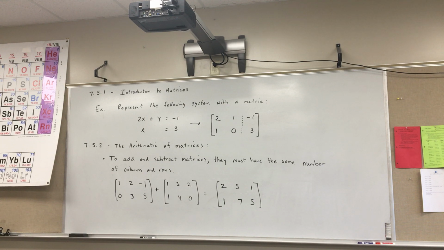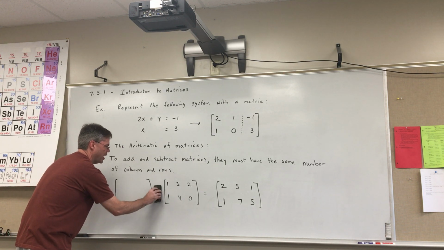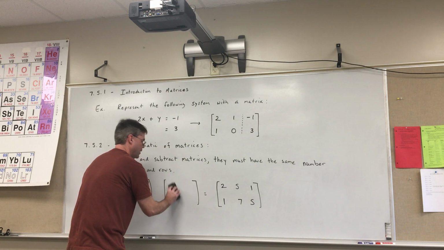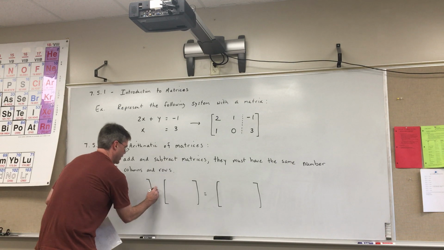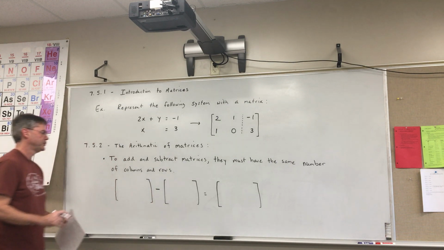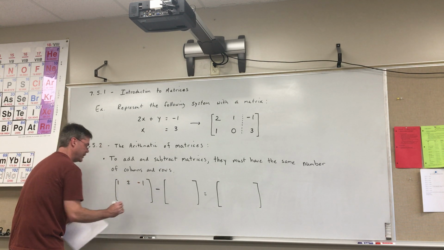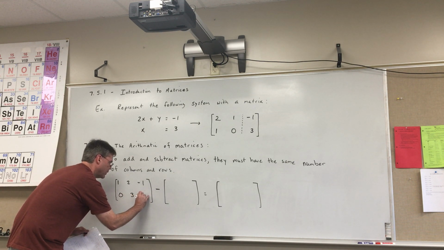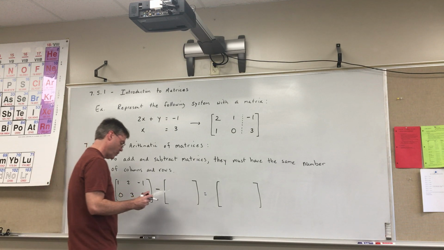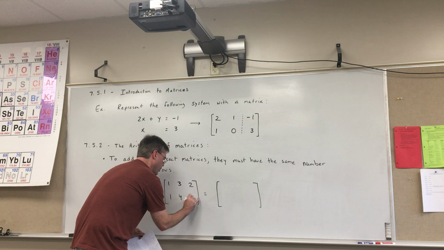I'll give you just a second and we'll do another one. This time I'm going to fill in these two matrices, and instead of adding, we're going to subtract. It's just like you think it would be. We have 1, 2, -1 and 0, 3, 5, and we have 1, 3, 2 and 1, 4, 0.